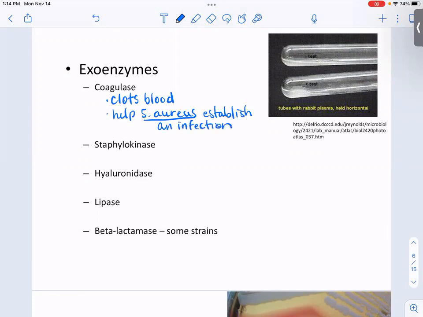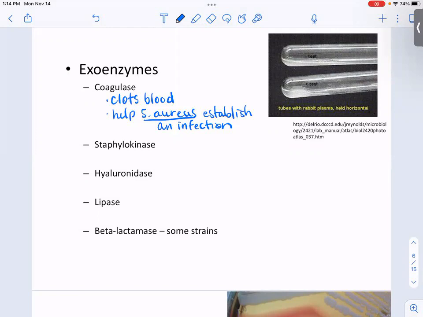Say a person has a cut in their skin and Staph aureus bacteria are entering. If it can kind of wall itself off by forming a little clot, then our first responders, our neutrophils, our macrophages can't get there to phagocytize it. So it just kind of protects itself.